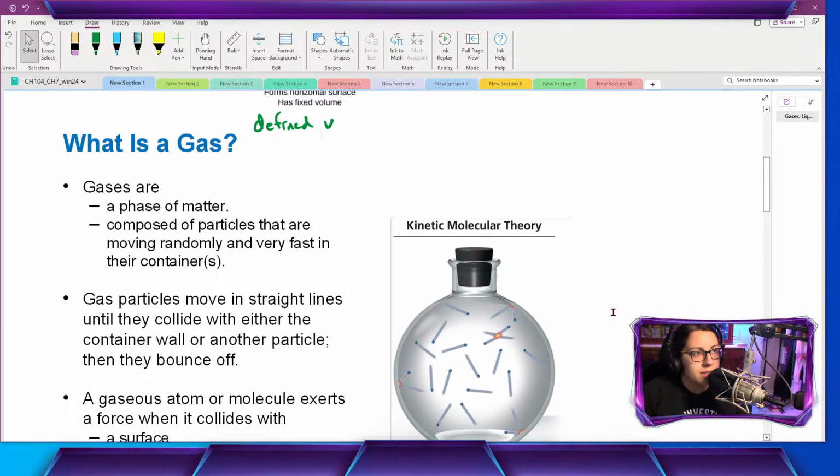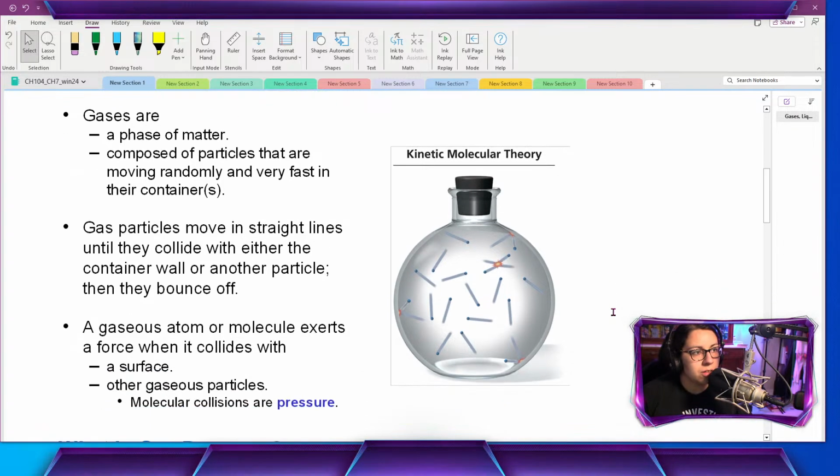Gases are defined as a phase of matter where our particles are moving randomly and very fast in our containers. Gas particles move in straight lines until they collide with either the wall or another particle, and they bounce off. And a gaseous atom or molecule exerts a force when it collides with our surface. So molecular collisions are pressure.